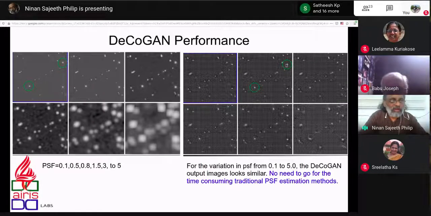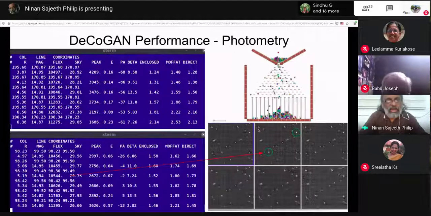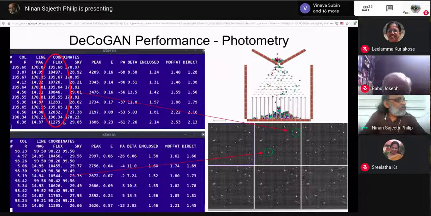But we are not done yet, because we need to show that the photometry is also correct. For that, there are tools like IRAF, for example, which is able to look at the profile of the particular objects. I show here two objects which are shown in green circles. And I also show the corresponding flux values for each of them. So you find that this is the flux 10497, 10726, 10846, 11111.